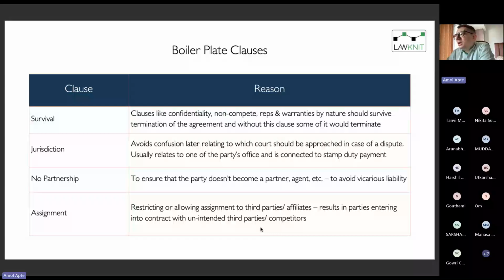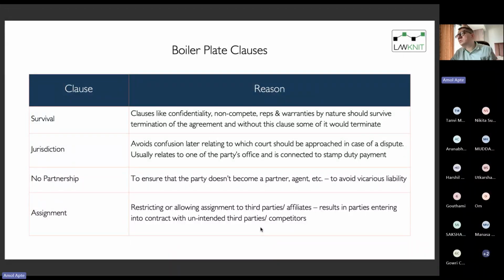What does it mean? It means that if a breach is found after the termination has happened, and there is damage for which a suit can be brought, these obligations will still survive. Therefore, even if the contract is no more valid or is already terminated, these clauses still remain valid.